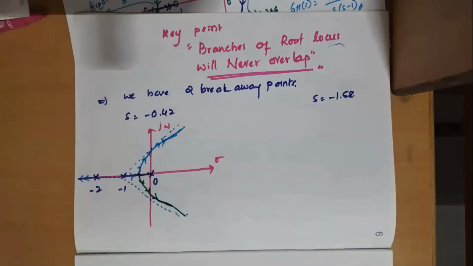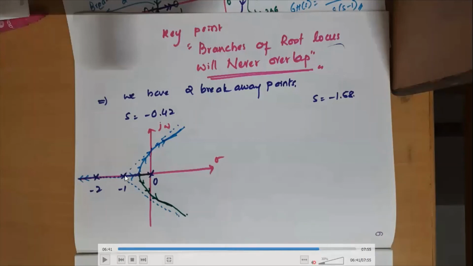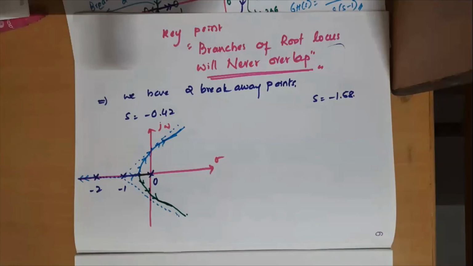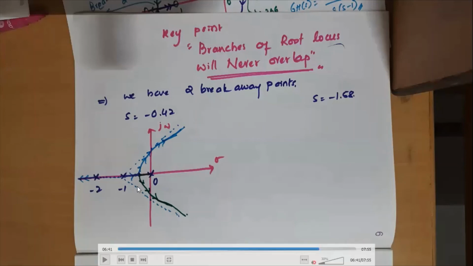This also will start from the pole, and at the same time this branch of root locus should follow one of the asymptotes, this branch should follow the other asymptote. So this is the shape of the possible root locus, because it is moving parallel to the asymptotes.